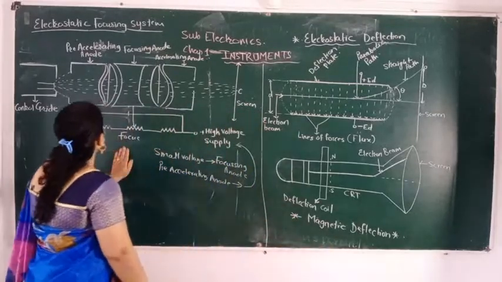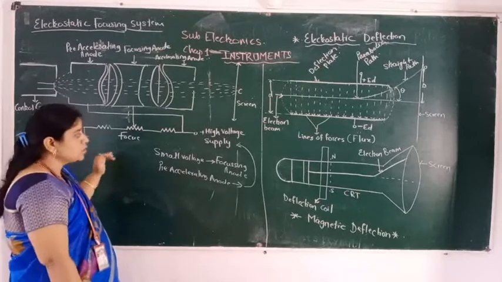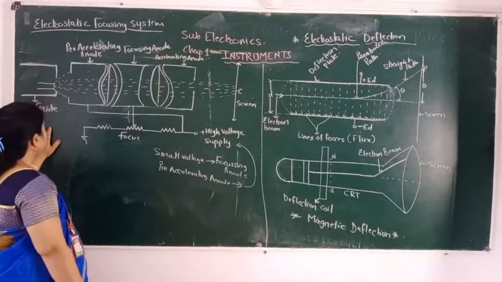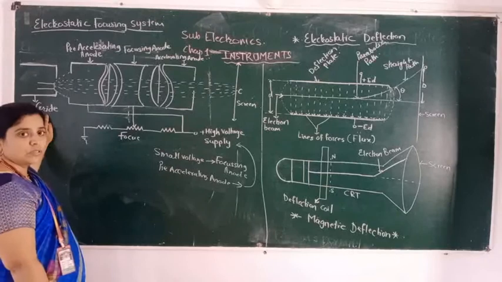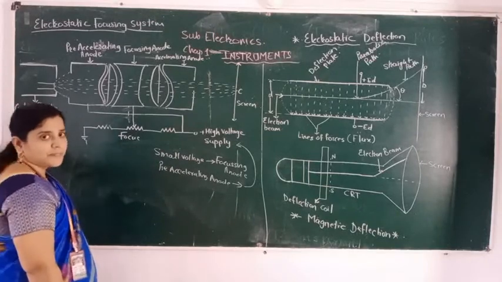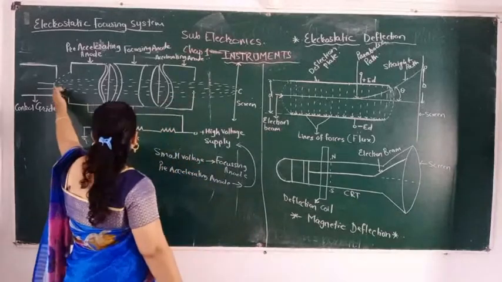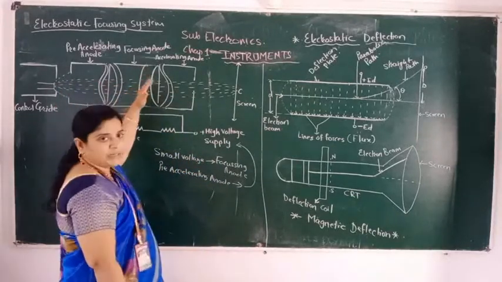This electrostatic focusing has been asked for 4 marks, so what do we have to write in this diagram? See, first we have to construct the figure. Here the electron grid is there and it is used for heating the filament, which emits the electrons, and the electrons provide the beam, and that beam will flow everywhere on the screen.